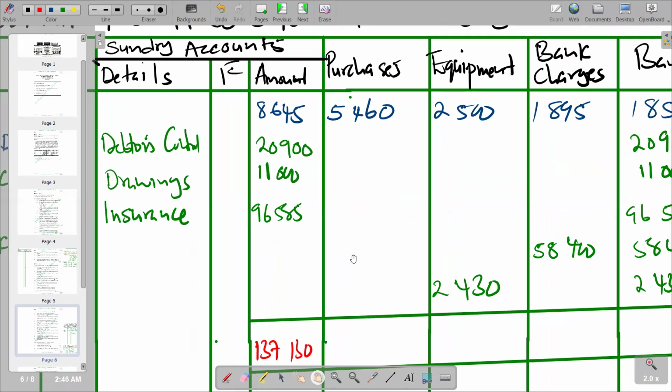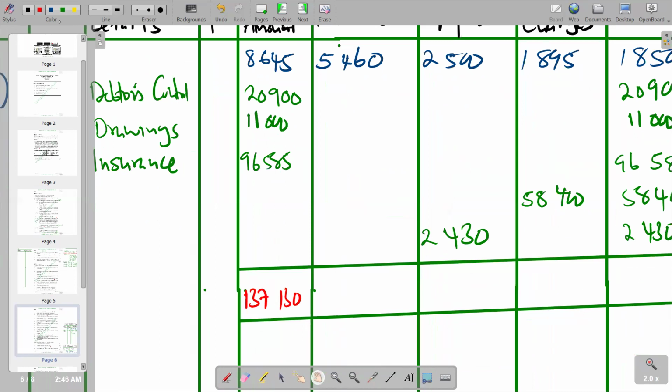We don't have any other entries, so we're going to put the same figure here, which is 5,460. The next one, 2,500 plus 2,430, the answer that we get is 4,930. Go to the next one, 1,895 plus 58,400. You're going to get 60,295.